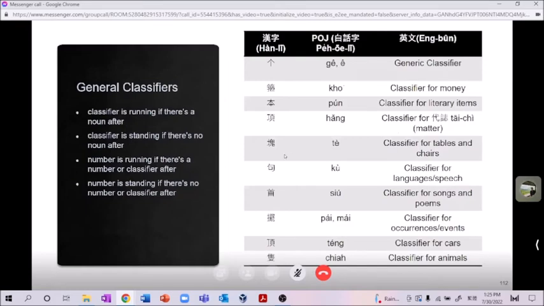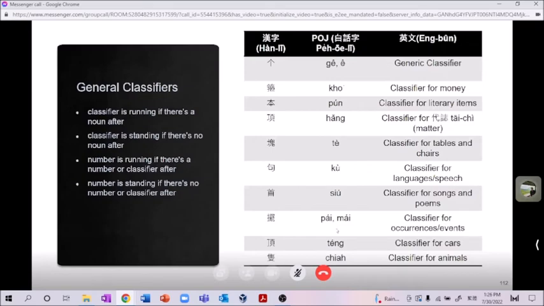And then te, te is the classifier for pieces. Jite. And it could also be specifically used for tables or chairs. So jite to, jite i. Ku is the classifier for sentences, speech or languages. For example, tiku oe, one speech or sentence. Siu is the classifier for songs and poems.